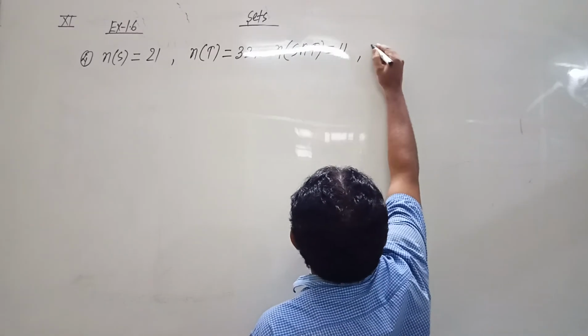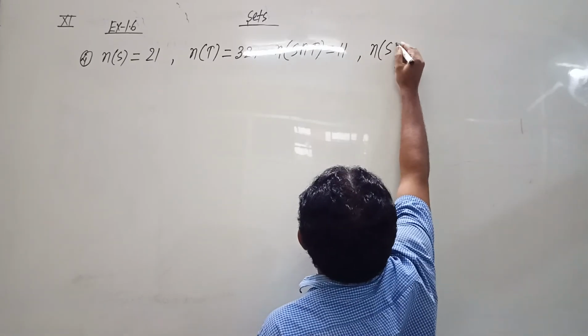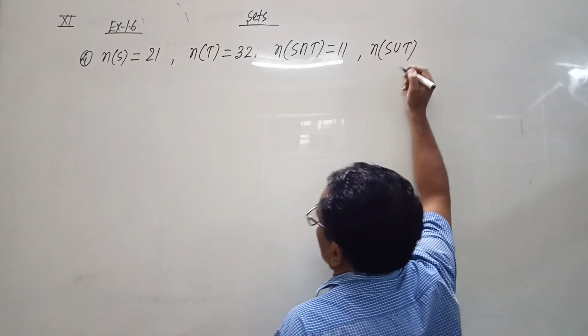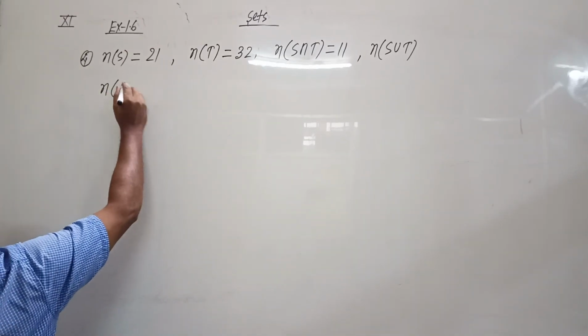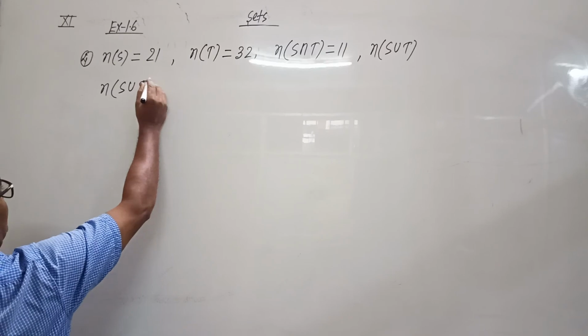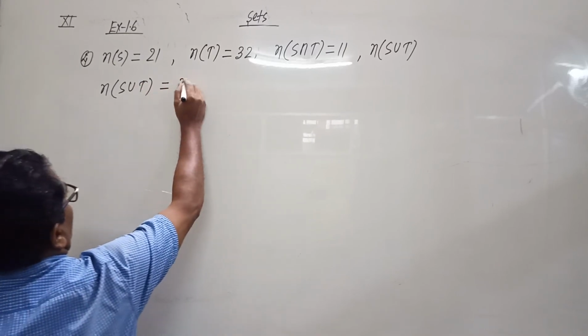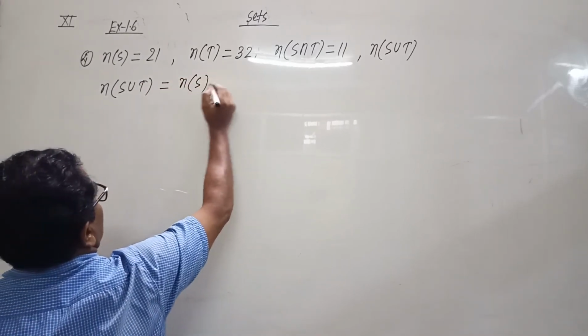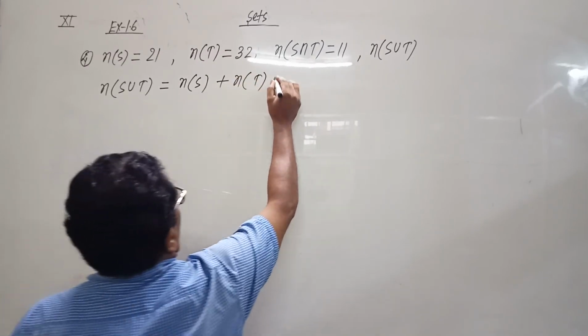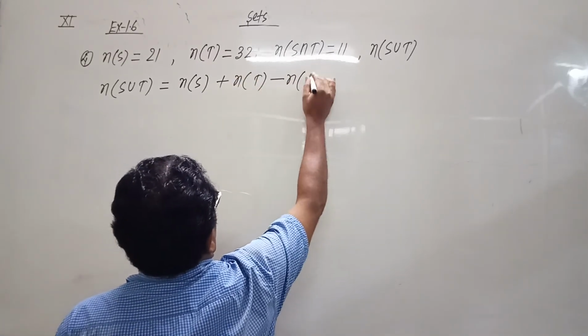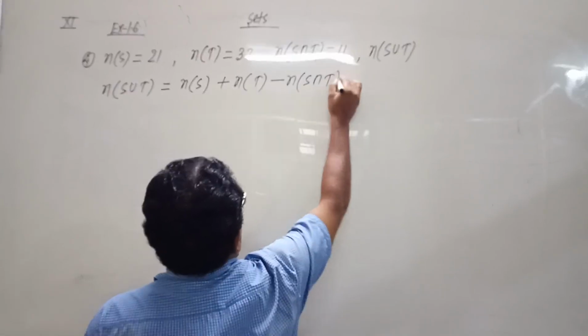We have to calculate n(S ∪ T). So we use the formula n(S ∪ T) equals n(S) plus n(T) minus n(S ∩ T).